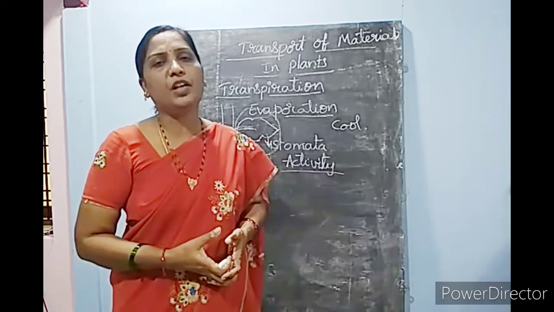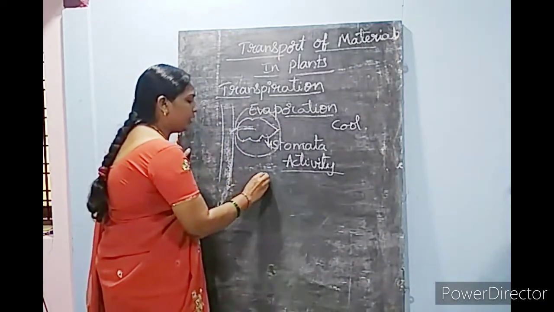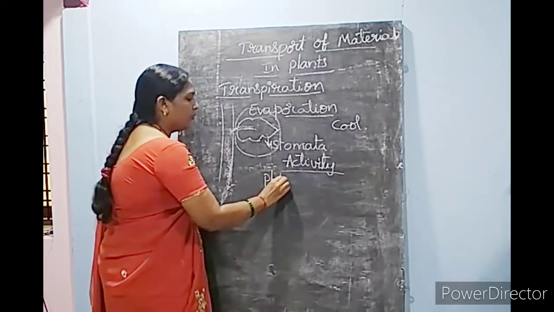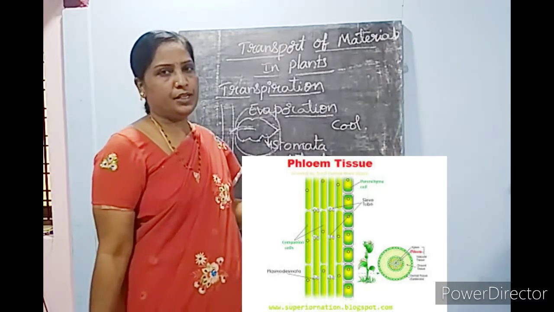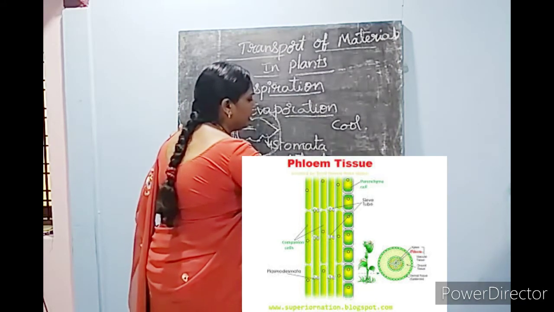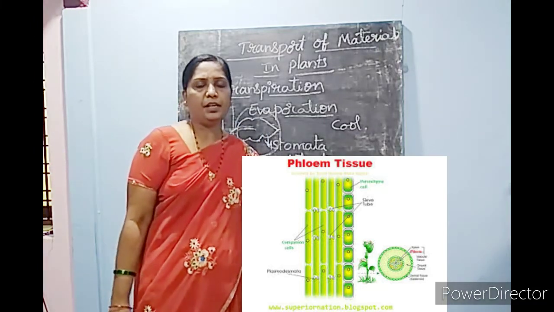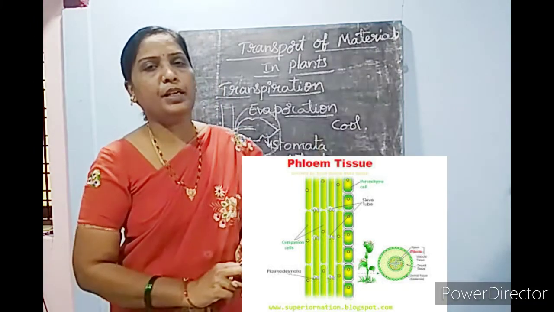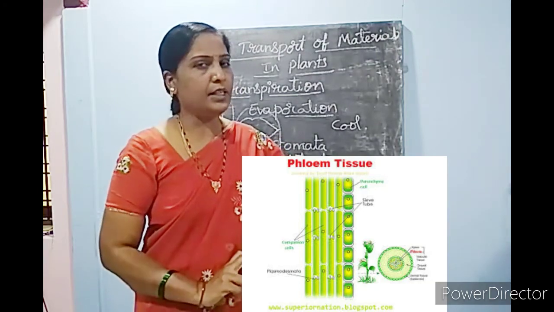So in this function also, some tissues are helping. That tissue is known as phloem. So phloem tissue is helping to transport the food. To transport food materials, phloem is helping. To transport water and minerals, xylem is helping.